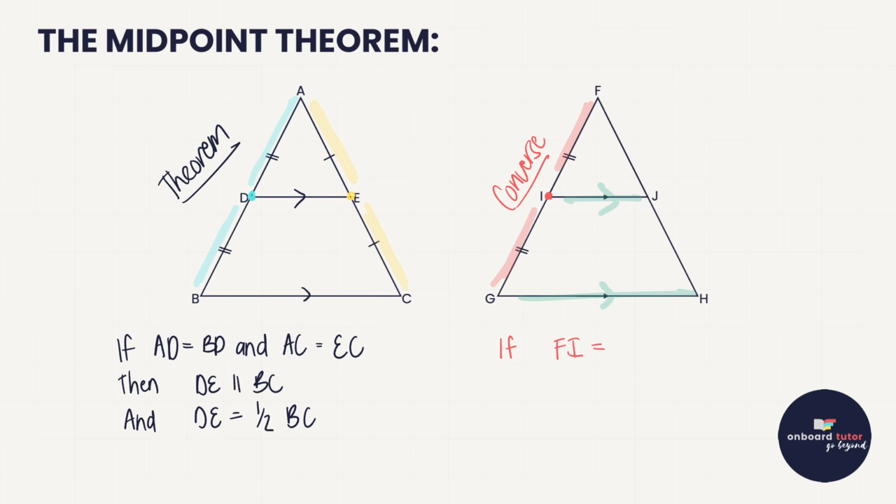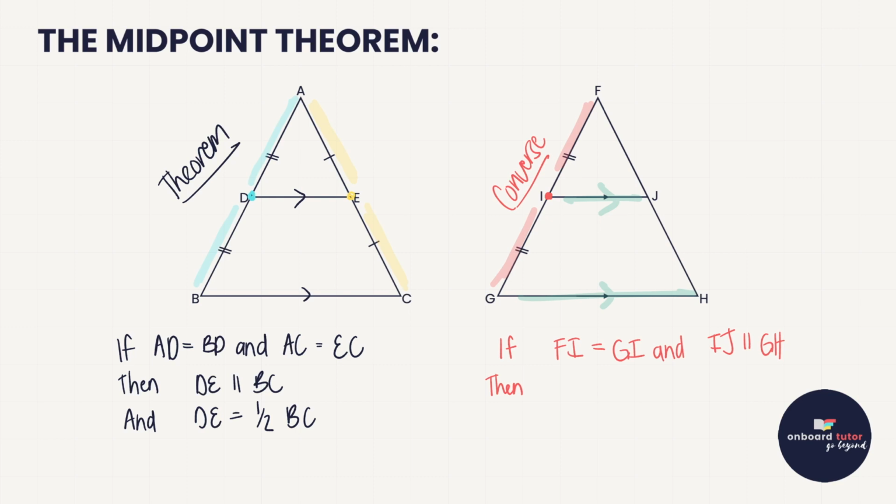It would say, if GI is equal to I, in other words, we've got the midpoint, and we've got some parallel lines, IJ is parallel to GH, then what is true? Well, it's just the things that were given to us in the previous version of this theorem.